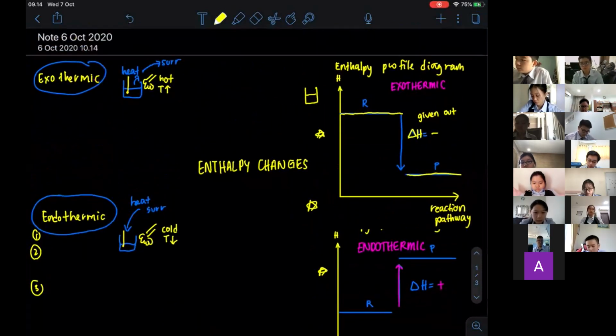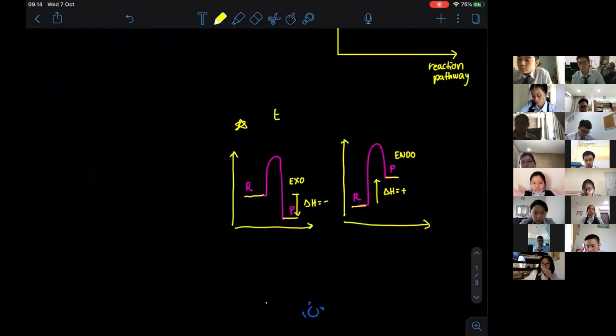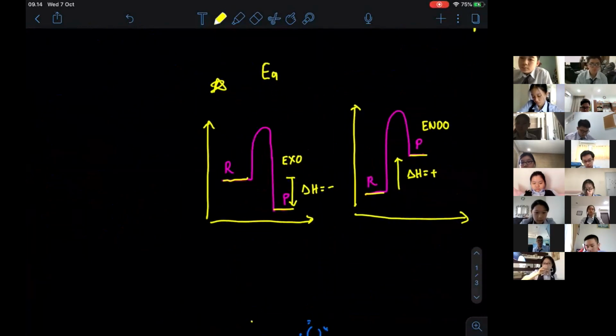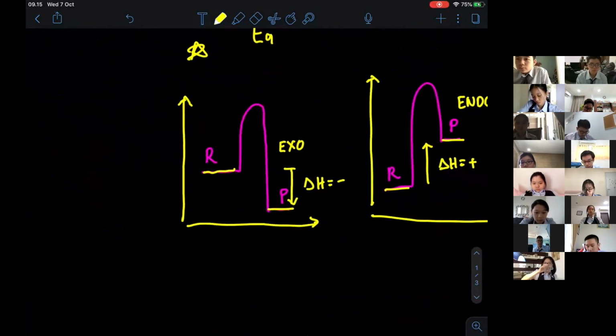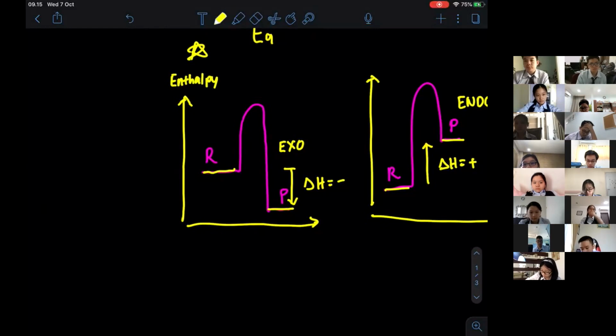So here, if I want to talk about activation energy, EA, but before I go into that, the graph is still the same. If you draw the graph, the y-axis is going to be enthalpy, not enthalpy change here, the enthalpy. So this one is not delta H, it's going to be H. Delta H is going to be the change from this enthalpy to this enthalpy. So don't put delta H over here.